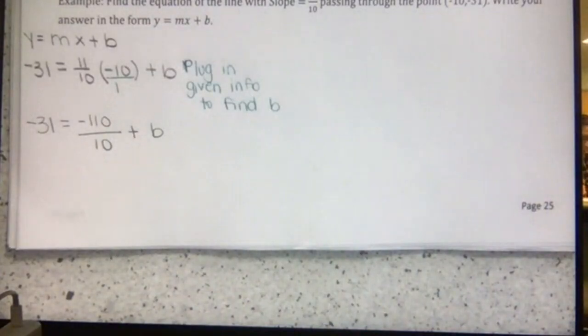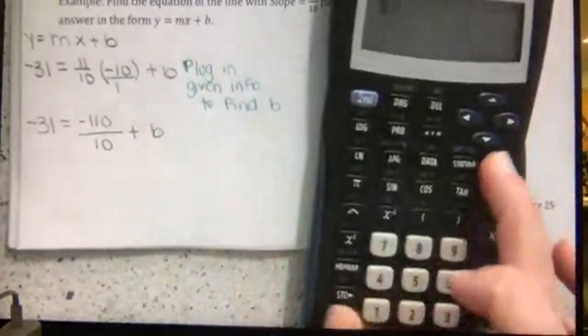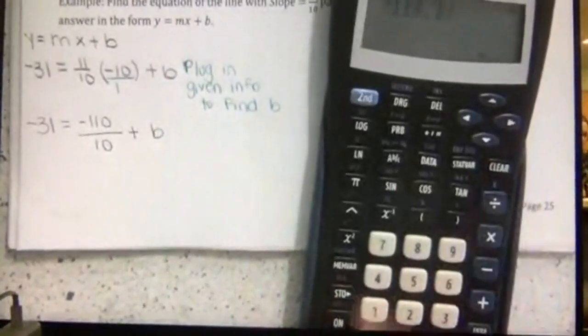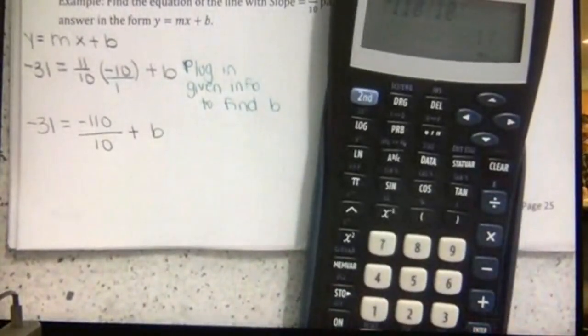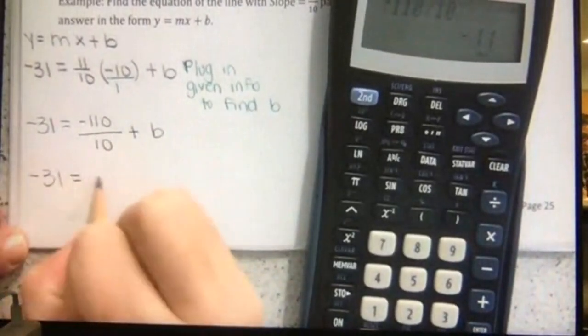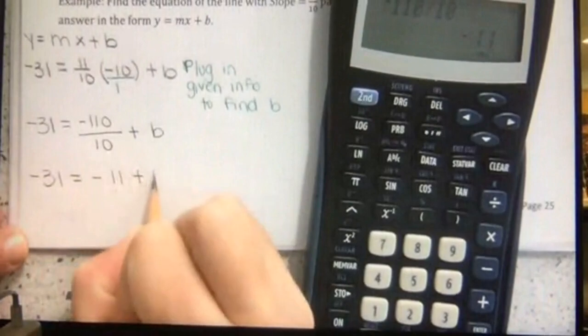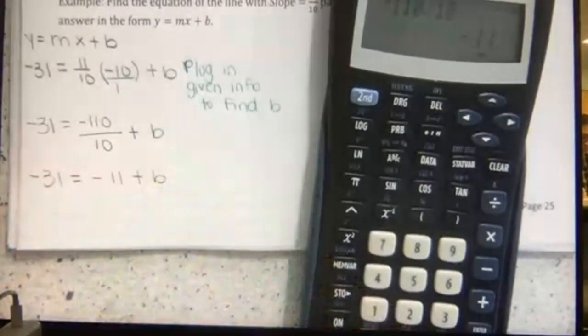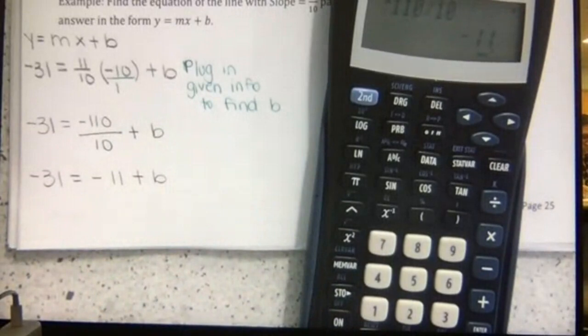By the way, if you want to instead cancel out your 10s, that's fine too. You get the same answer. Negative 110 divided by 10 will simplify down to negative 11. So negative 31 equals negative 11 plus b.